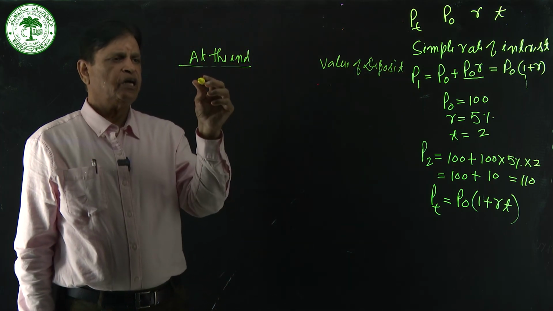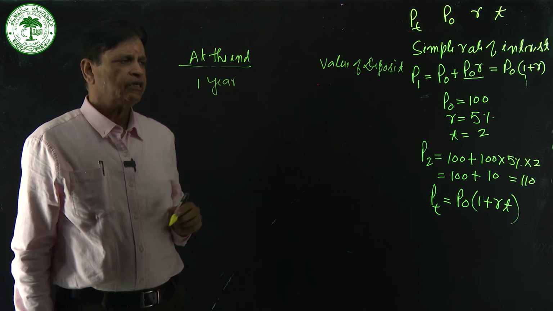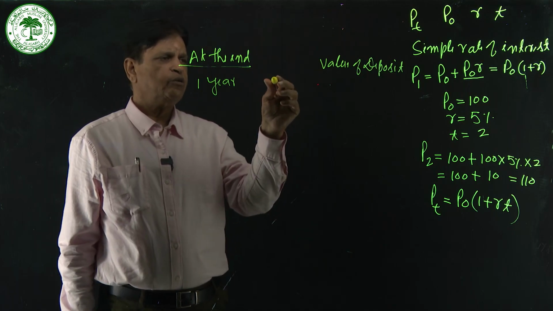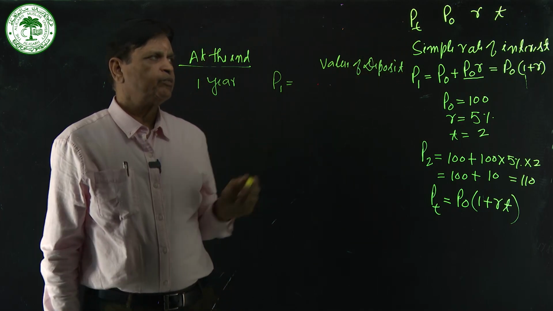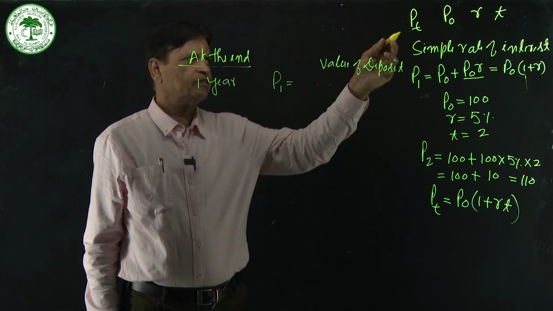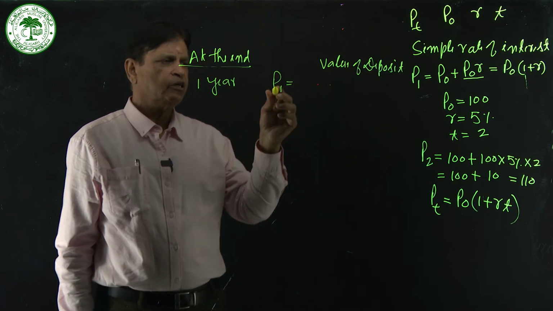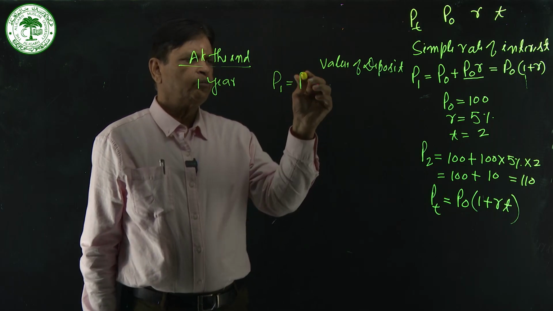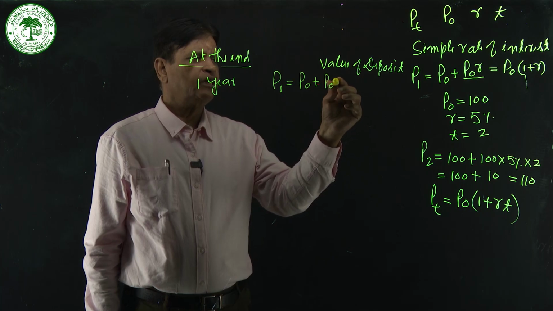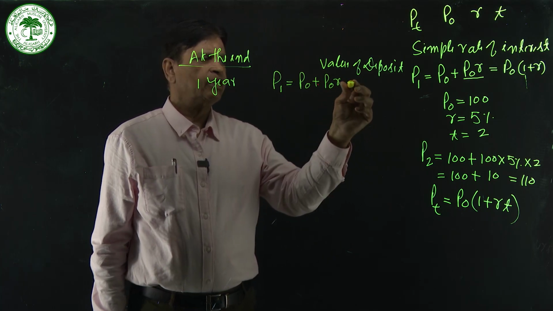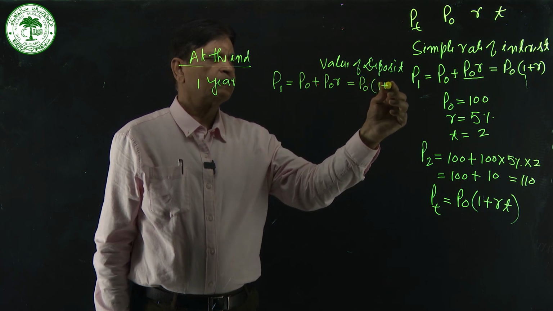So at the end of 1 year, P1 will be, if P0 is the principal amount, R is the rate of interest, T is the time period, and Pt is the amount that you will get after T periods, P1 equal to P0 plus P0 multiplied by R. And we can simplify it to P0 (1 plus R).